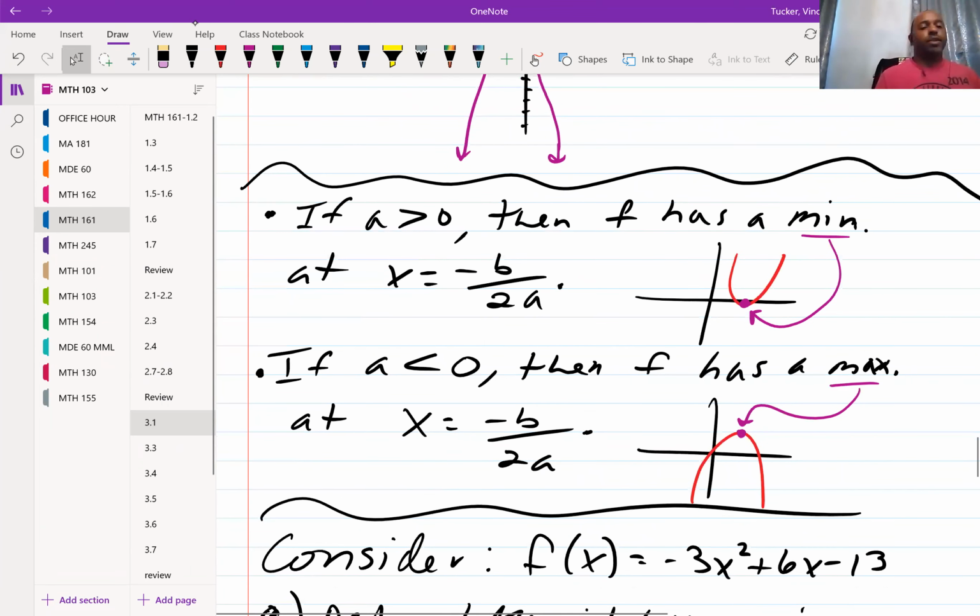Another thing to talk about before I write some other stuff down. If A is greater than 0, in other words, if your parabola opens up, concave up, then f has a minimum. We talked a little bit about it earlier. At x equal to negative b over 2a, that's your vertex. And if your parabola opens downwards, then your function has a maximum at your vertex. Remember, negative b over 2a is where your vertex is located.